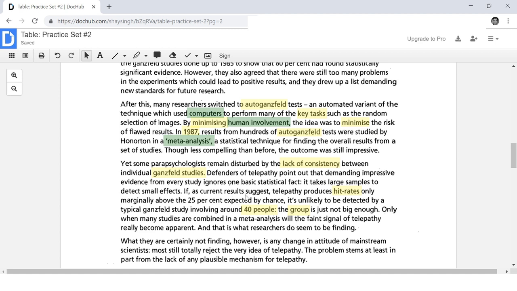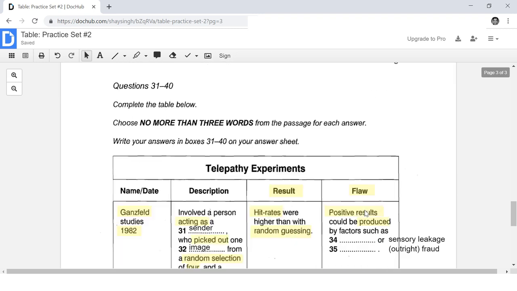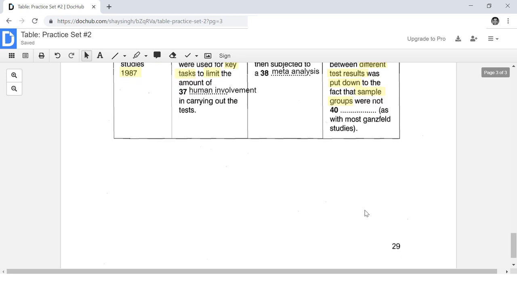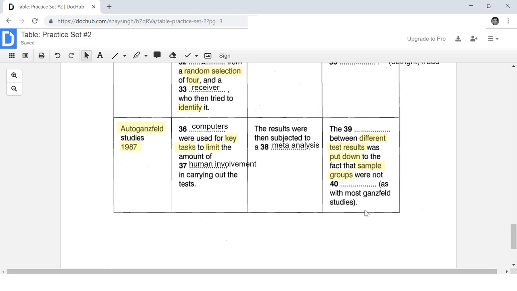If, as current results suggest, telepathy produces hit rates only marginally above the 25% expected by chance, it's unlikely to be detected by a typical Ganzfeld study involving around 40 people. The group is just not big enough. Okay, so it's talking about the flaw with the study. It's saying that the group was simply not big enough.